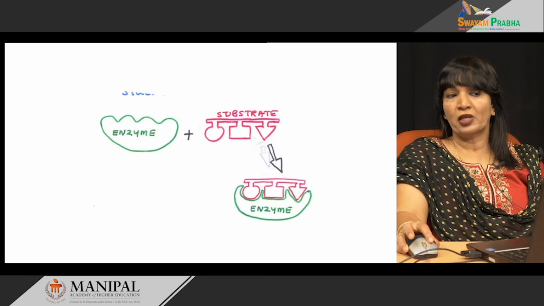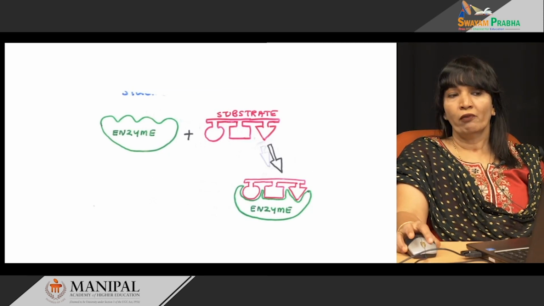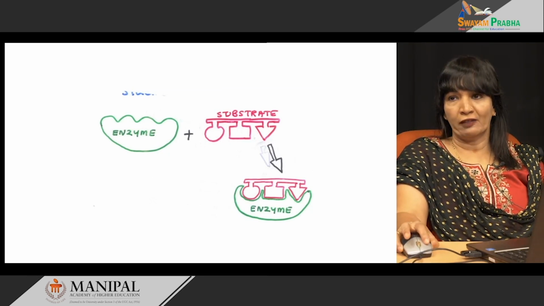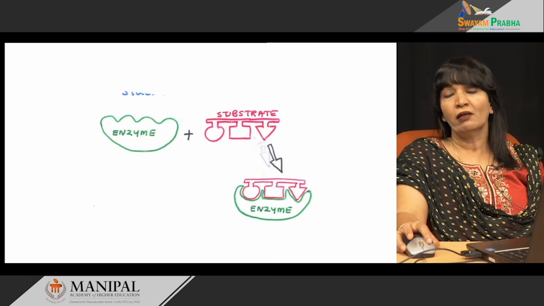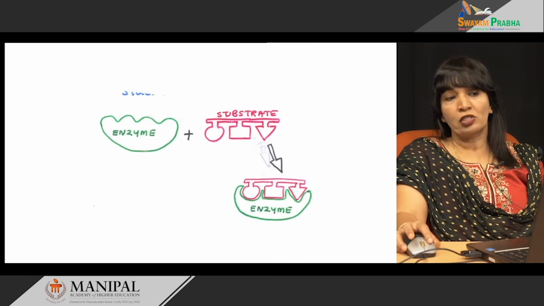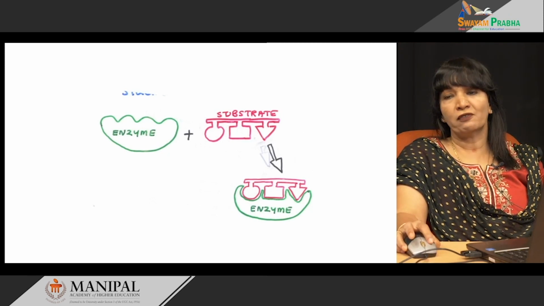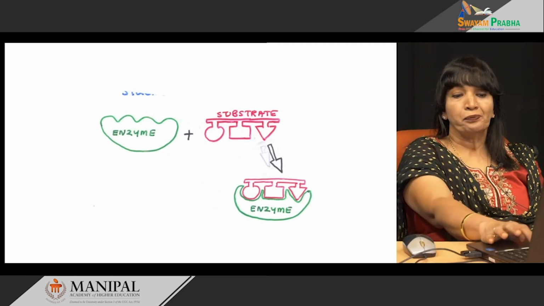See, the substrate somehow will go and fit into the active site, but here the active site, not being rigid, will try to accommodate the substrate. So, somehow the substrate went and got fit into the active site of the enzyme. So, the active site was more accommodative.